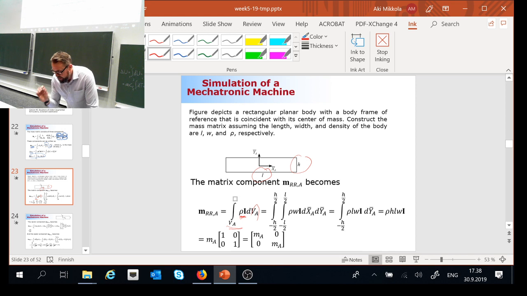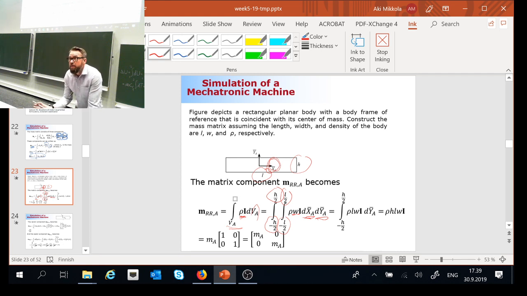I'm already giving you the thickness of the body, which is denoted as W. Then I'm going to integrate within the boundaries of my planar body. My boundaries in the x direction, look at where the x is pointing, are minus L divided by 2 to L divided by 2. That's going to be my x direction. Then my y direction is minus H divided by 2 to H divided by 2. And that's the y direction.